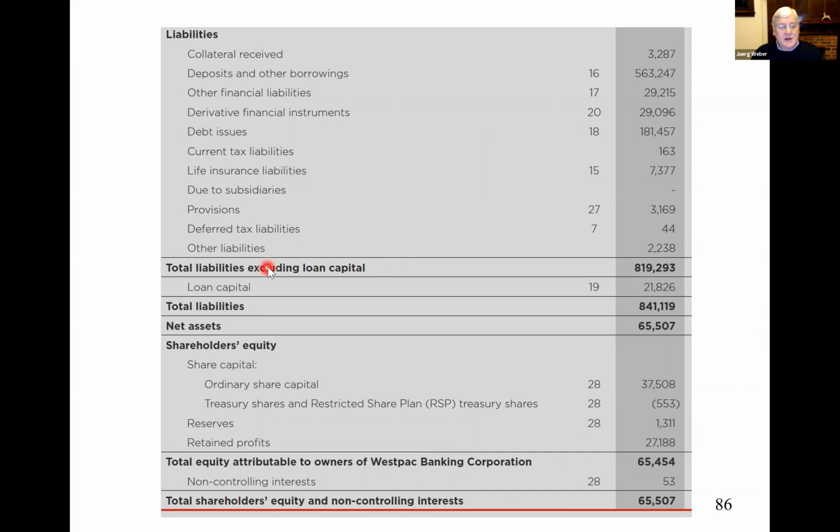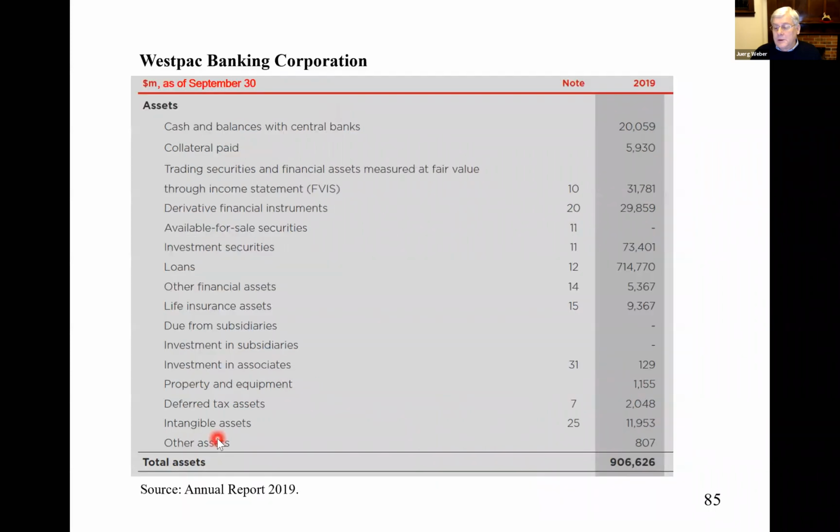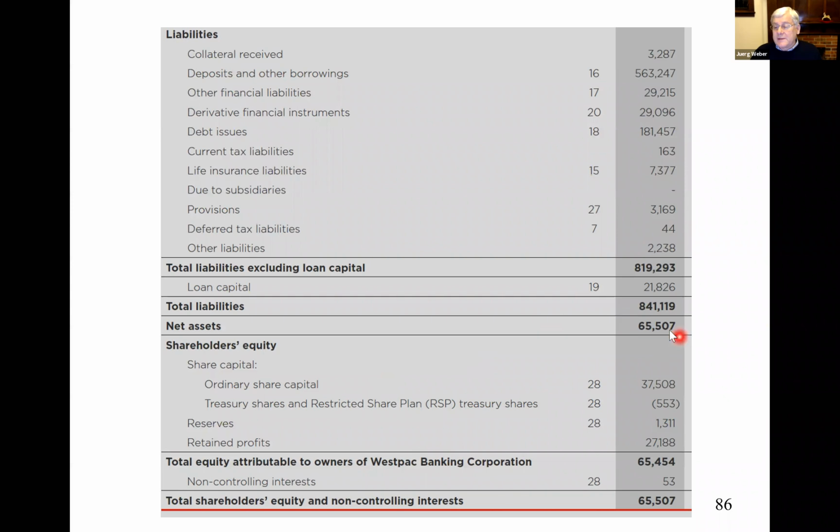And then you have the total liabilities, 800 billion out of a balance sheet total of 900 billion. The remainder is the equity, the equity attributable to the owners.